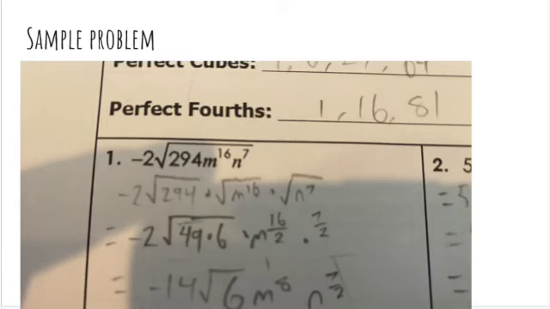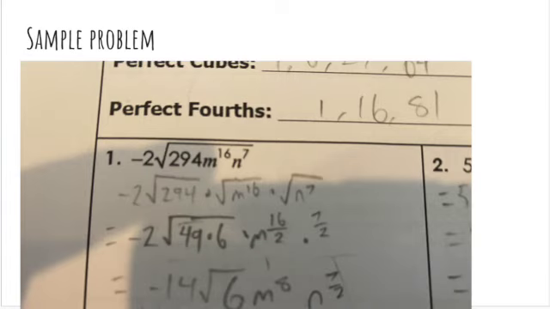A sample problem would be negative 2 square root of 294m to the power of 16 times n to the power of 7. Doing this, you have to split up the numbers, basically giving them different categories like square roots.